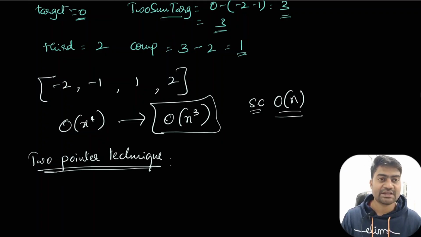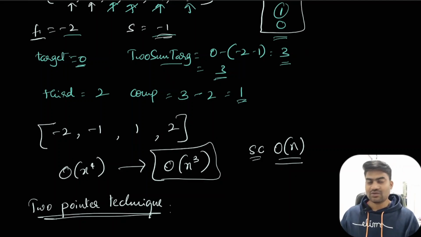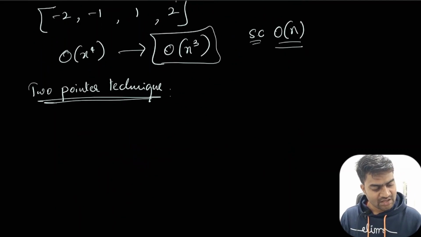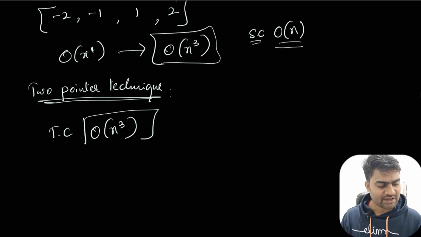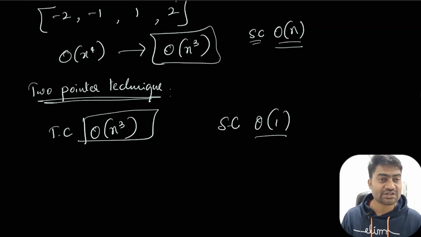So it is again pretty much straightforward. If you have watched the three sum video, we are pretty much clear. So if we use two pointer technique, our time complexity remains O of n cube, but our space complexity gets reduced to O of 1 because we won't use the extra hash set.